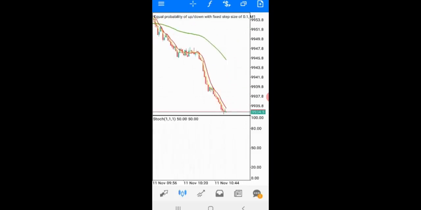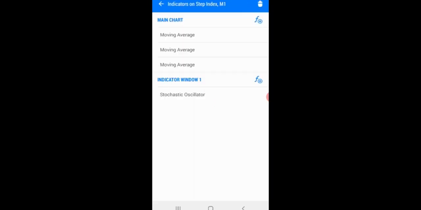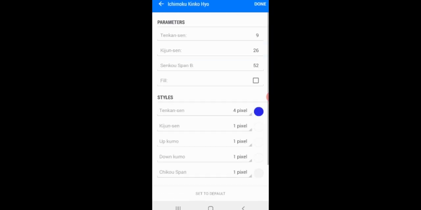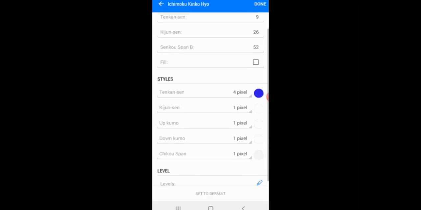Then the next indicator we are getting is the Ichimoku. For the Ichimoku we take the first one, 9, 26 and 52. You set yours like this: 9, 26, 52.